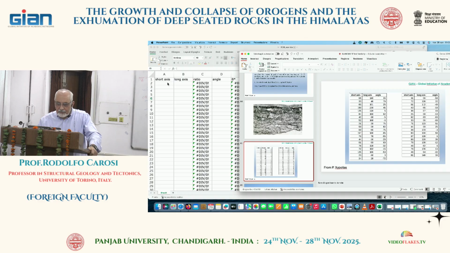So I can put here the short axis, long axis, and the angle, and the Excel program calculates the ratio and the step factor.